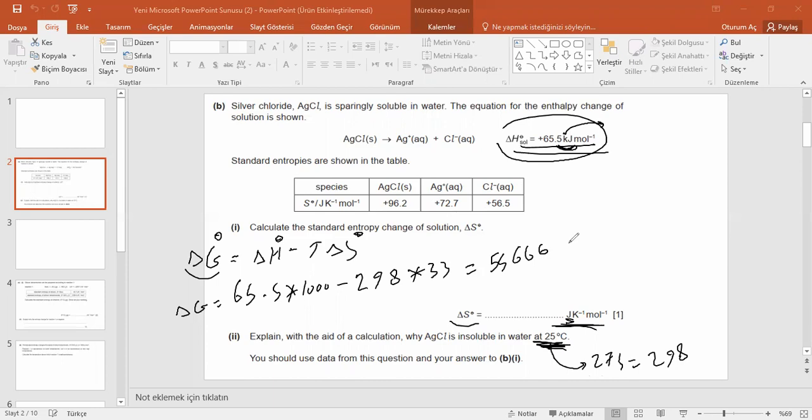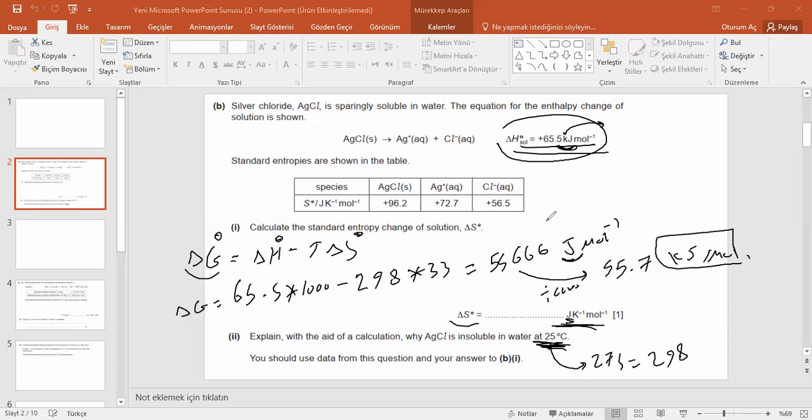The unit in this case is joule per mole. The question usually asks us to find delta G in kilojoules, so we divide this by 1000, and we end up with 55.66, which is almost 55.7 kilojoule per mole. This is, guys, the delta G.